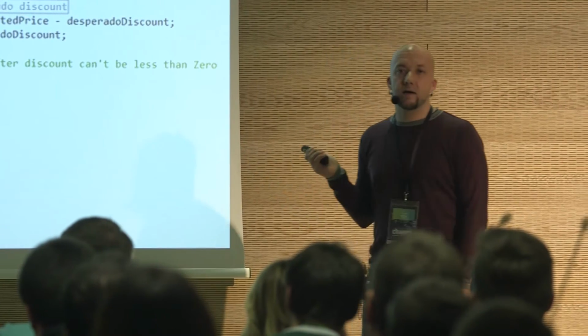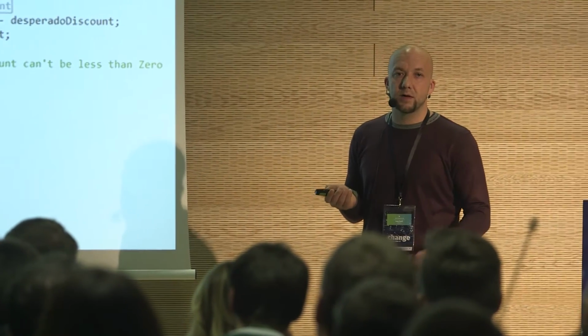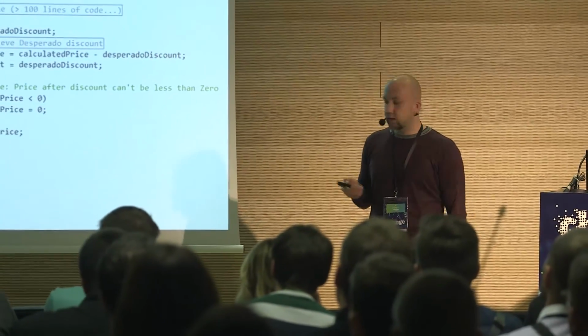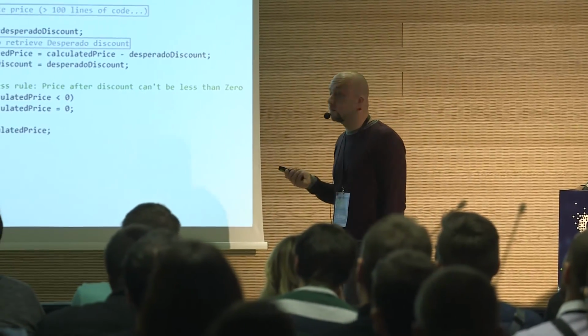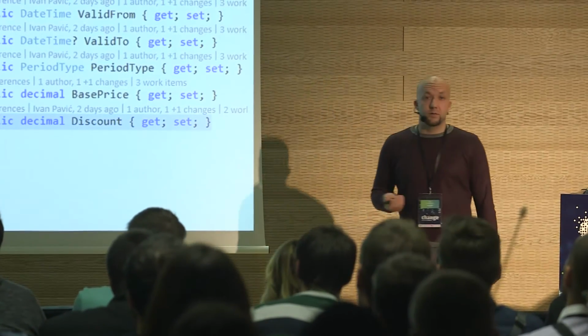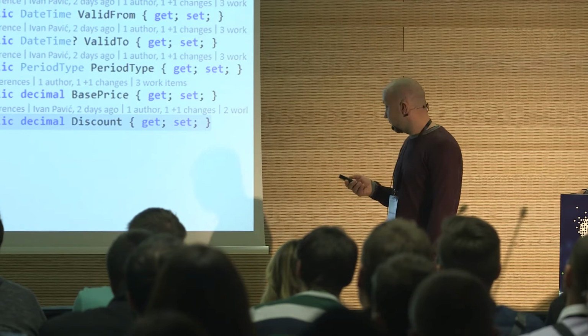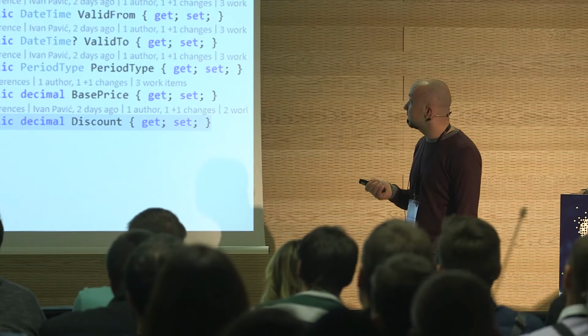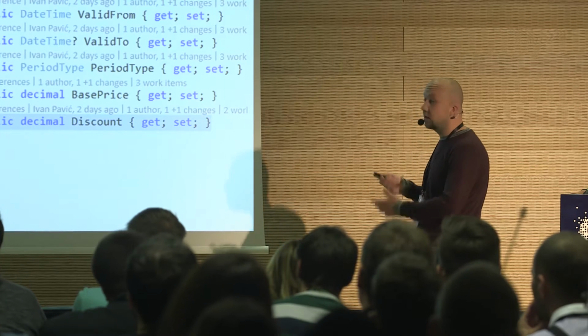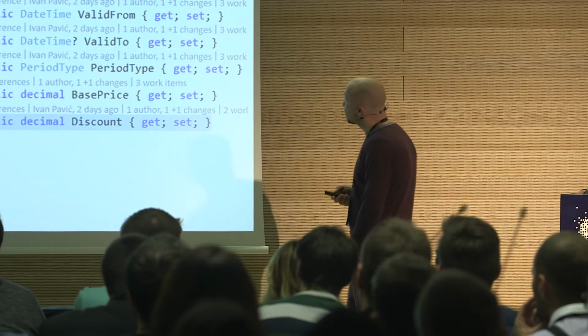We have to apply our discounts somewhere, and the best place is, of course, the place where we calculate the prices for the coupons. Yes, we had to change the model, of course. So we added this new property and this discount property to the tariff object.